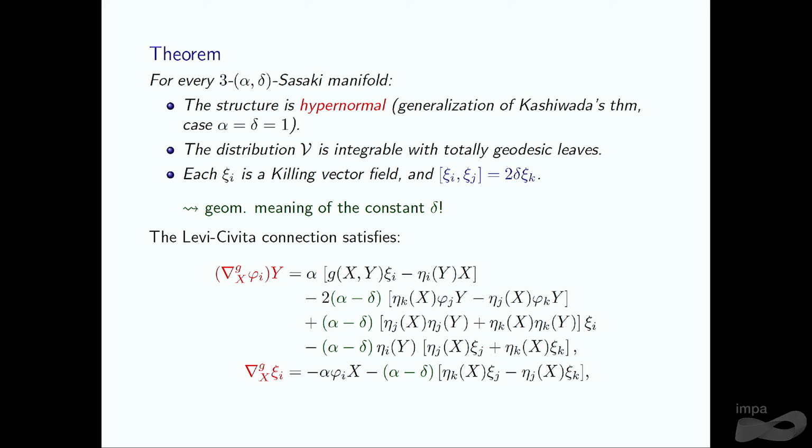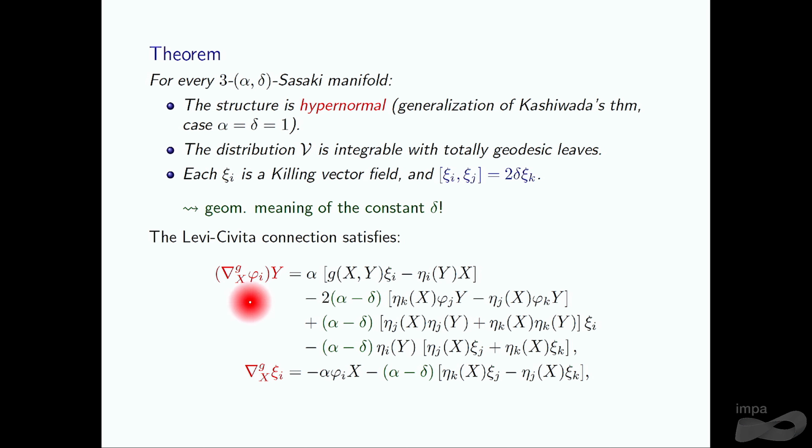Okay, the Levi-Civita connection, I mean, this is basically only to show you that you can compute all these things, right? And you get alpha minus delta typically as a factor in many terms. In particular, this first equation is something we are used to from alpha-Sasaki manifolds, right?